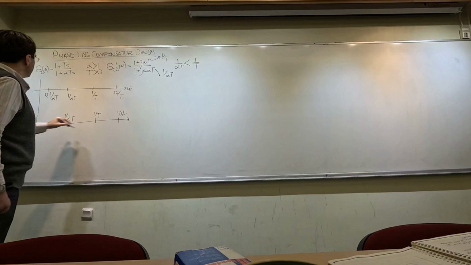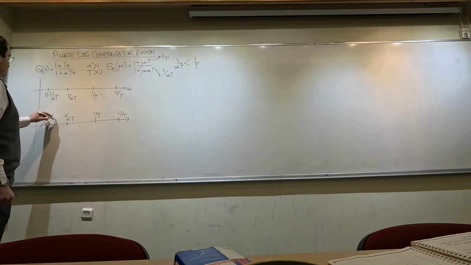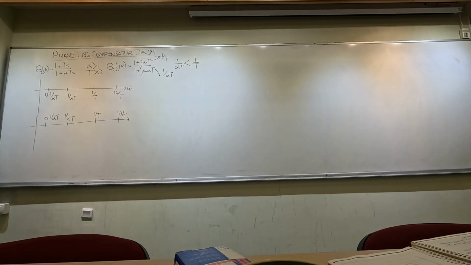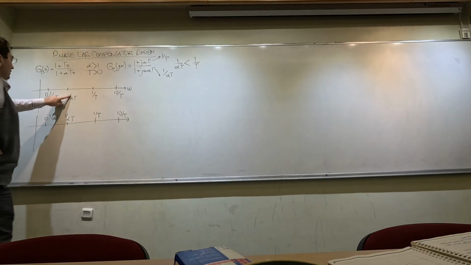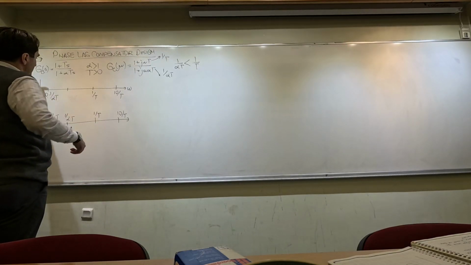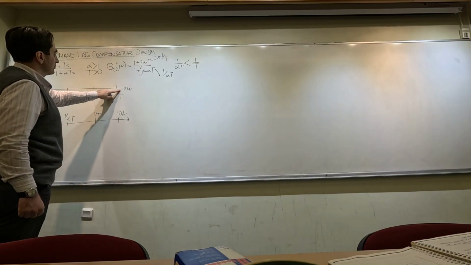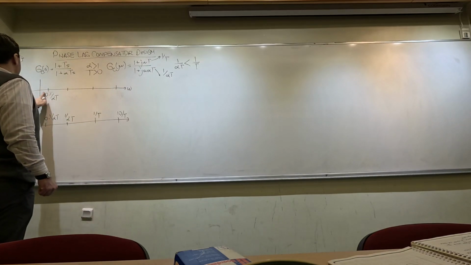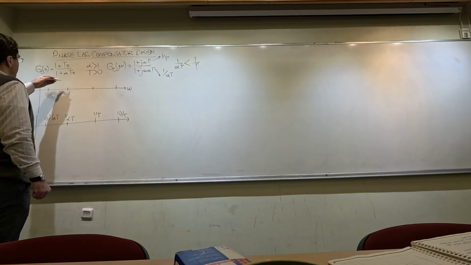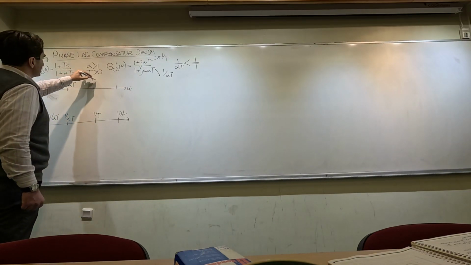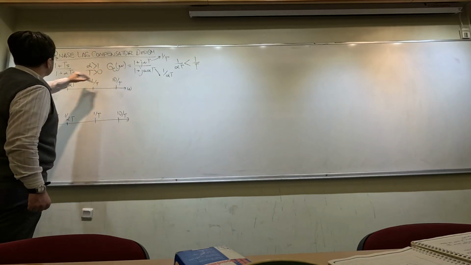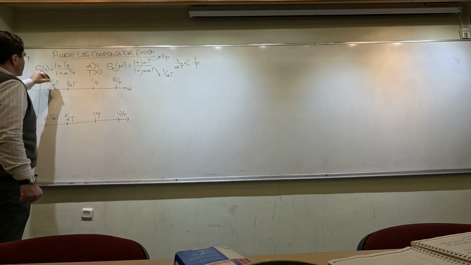Maybe I should put these up, because the frequency response is going to go downwards here, so I can write them above the values. So I have 1 over alpha T, 1 over T, 10 over T, and 0.1 over alpha T.